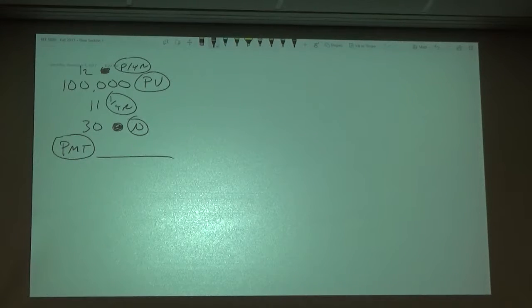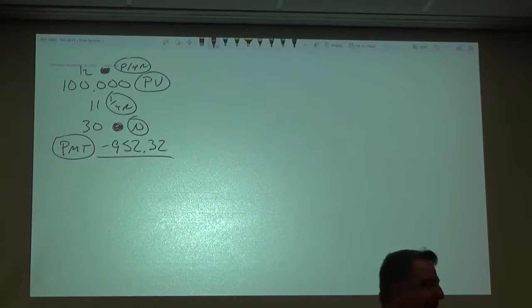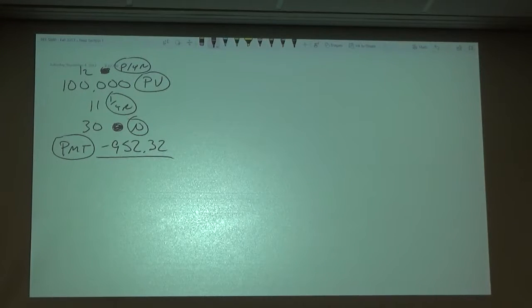And so you get 952.32. Anything less than $952.32 is going to cause negative amortization to occur, because that is the minimum payment necessary for the loan to be paid off.